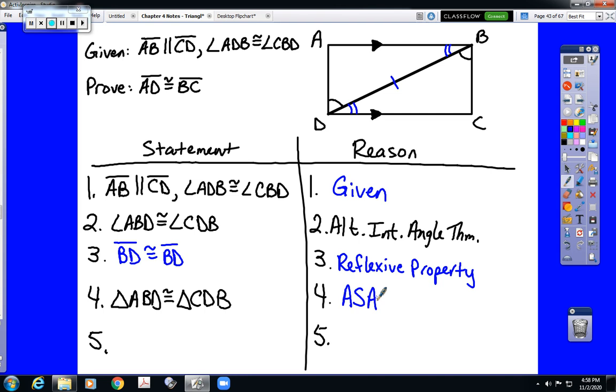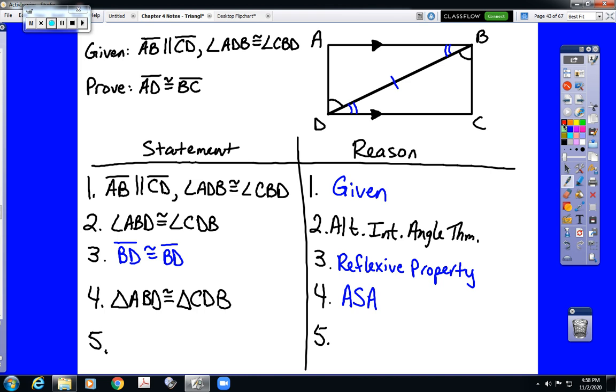Now, the second that we finish step 4, that instantly makes all the unmarked pieces of this picture congruent. We could then state any of the remaining parts were congruent.